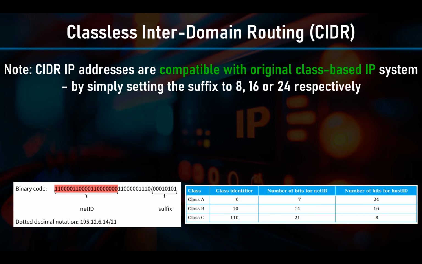However, CIDR IP addresses are also compatible with the original class-based IP system, and we can do that by simply setting the suffix to 8, 16, or 24 respectively. Because if you look at this, the class identifier is 1 bit plus 7, so that's 8 bits.